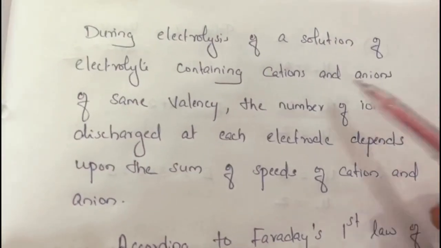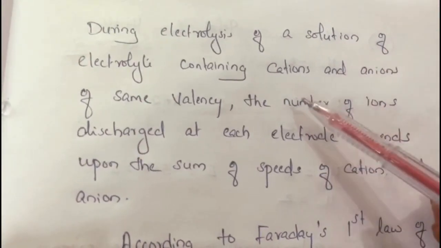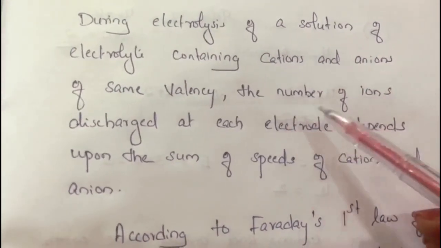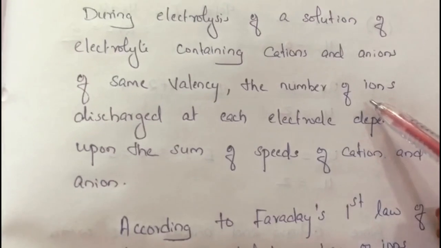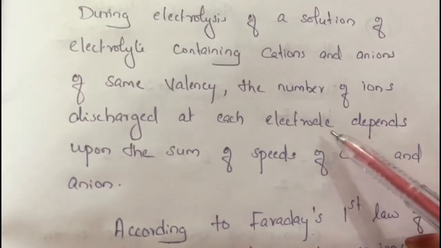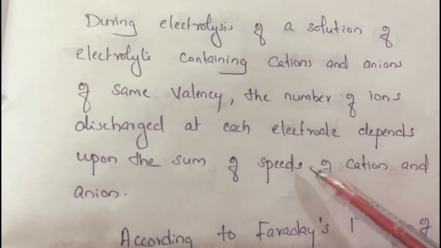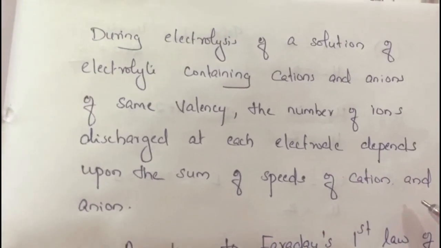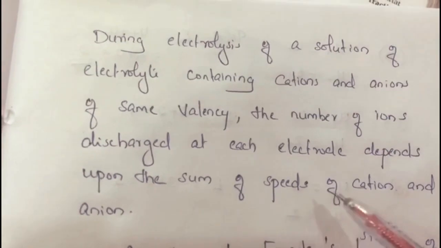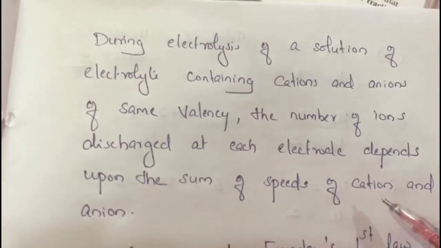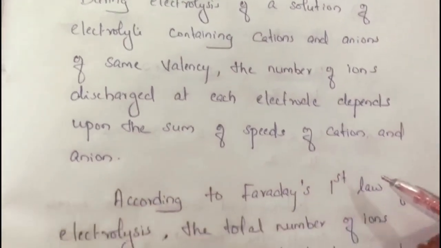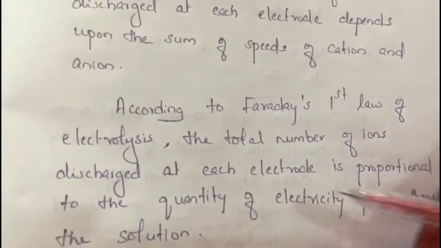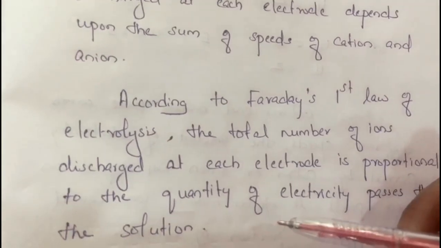So we can write: during electrolysis of a solution of electrolyte containing anions and cations of the same valency, the number of ions discharged at each electrode depends upon the sum of the speeds of cation and anion. What is meant by the sum of speeds of cation and anion? We already said, according to Faraday's law, the total number of ions discharged is proportional to the total quantity of electricity passed through the solution.